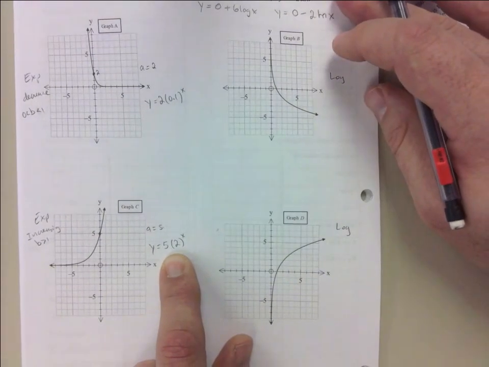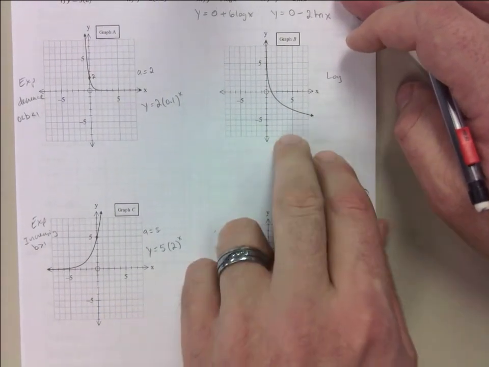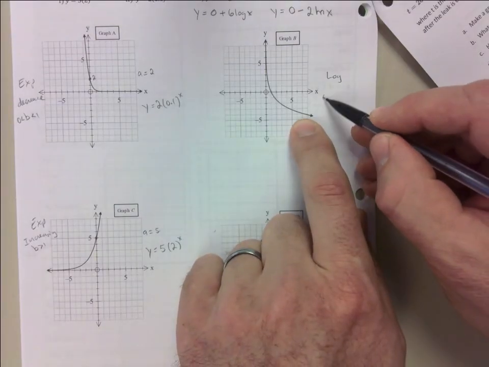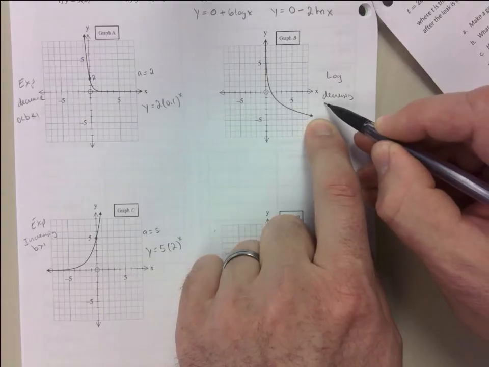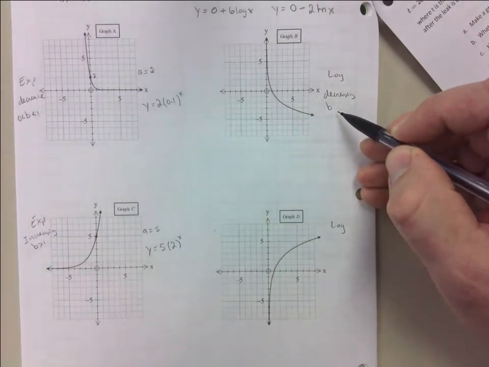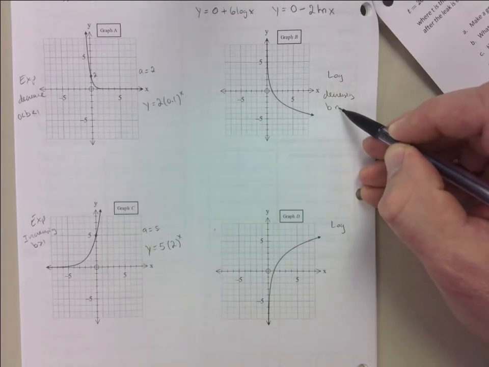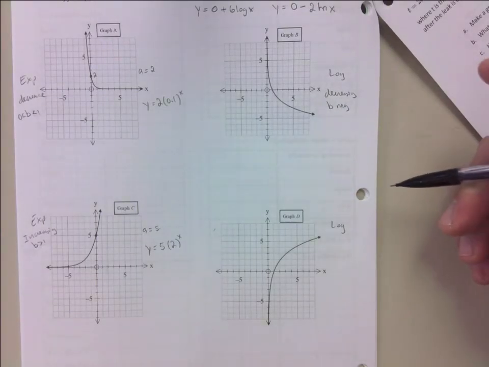So let's look at the two logs here. Here, I know it's decreasing. And that tells me that, let's get this one right, it's decreasing, so b is negative. I know that.